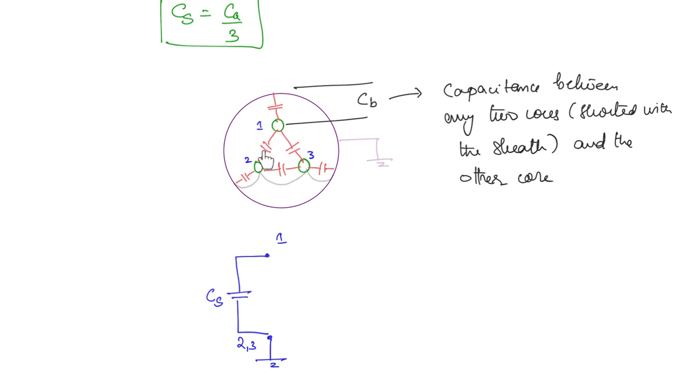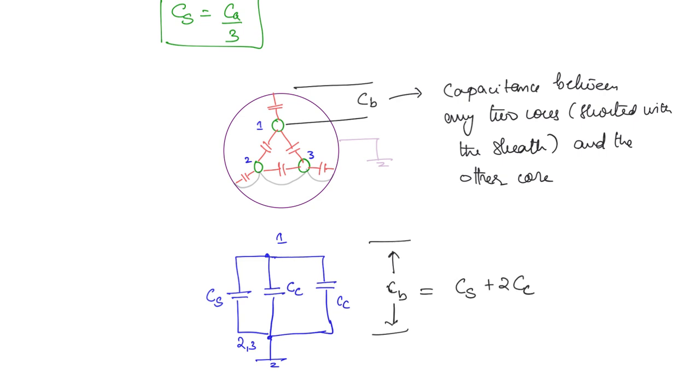Here you have one capacitor from 1 to 2, one capacitor from 1 to 3, so both are connected to 2 and 3. So here you can draw two more capacitors, but this value is CC and this value is also CC. So this is CB. What will be the value of CB? This is going to be CS plus 2CC.